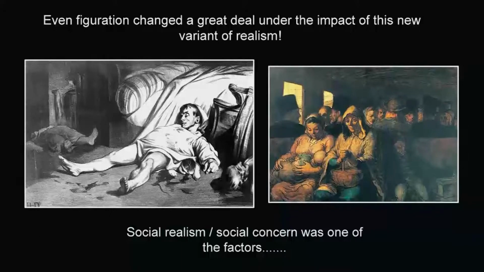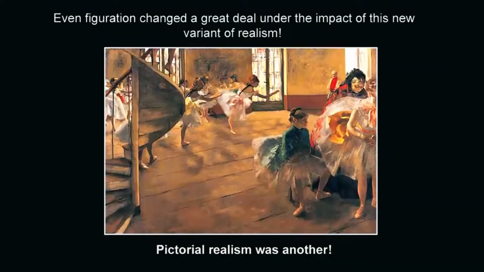So even figuration changed a great deal under the impact of this new variant of realism, and social realism and social concern was one of the major factors. And then you have different kinds of figurations when pictorial realism and a different kind of pictorial framing became the new concern for many painters, for example Degas.